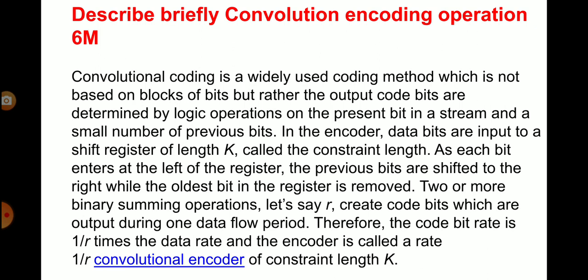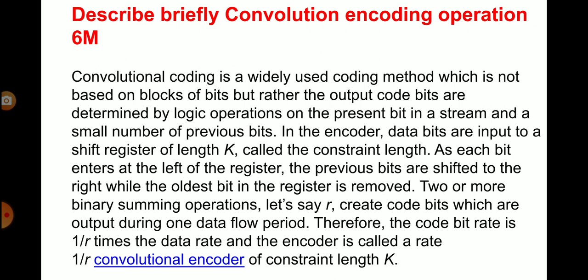Describe briefly convolution encoding operation. 6 marks. Convolution coding is a widely used coding method which is not based on blocks of bits, but rather the output code bits are determined by logic operations on the present bit in a stream and a small number of previous bits.